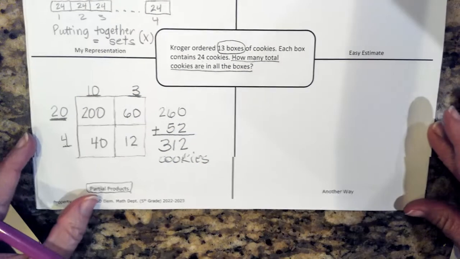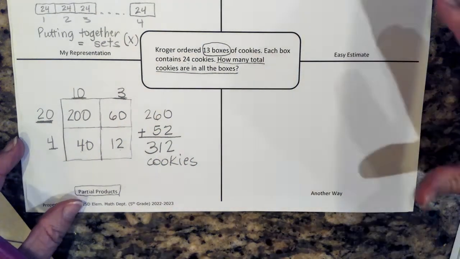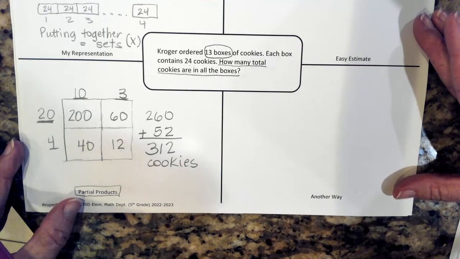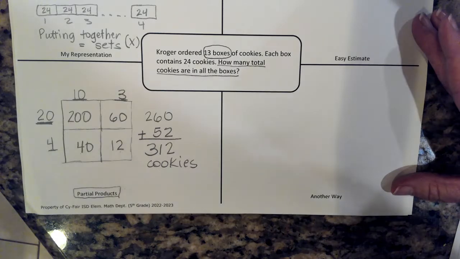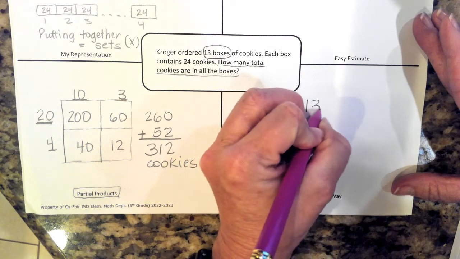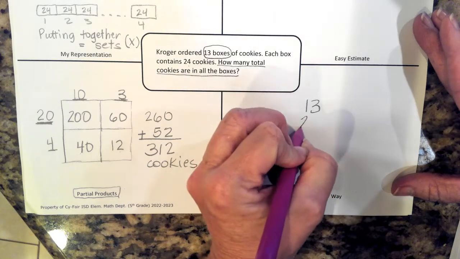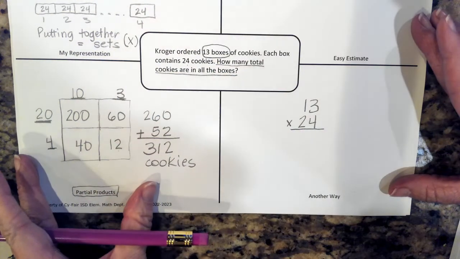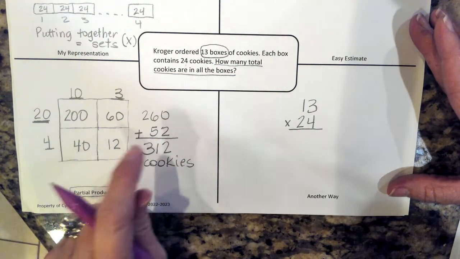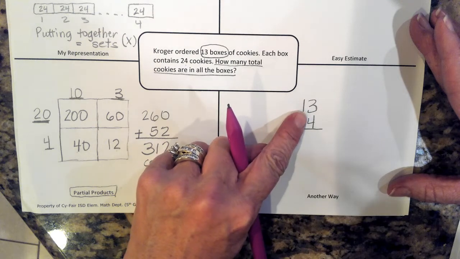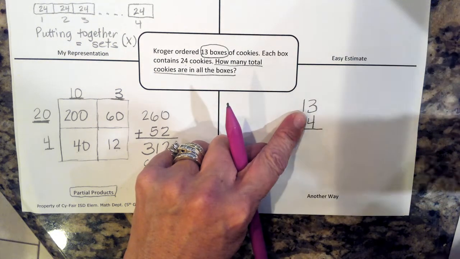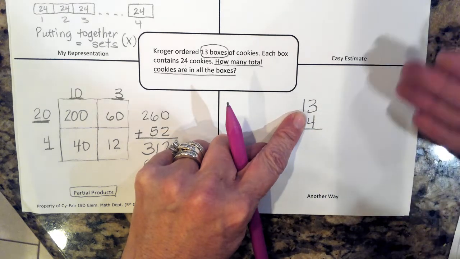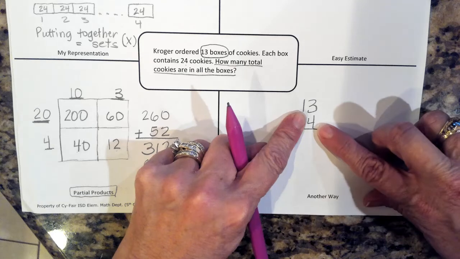Now the last piece that I want to look at is the way that we're going to start looking at things in 5th grade. This would be using our standard algorithm for multiplication. So we're simply going to write the number 13, and we're going to put the number 24 underneath. When I think about this, I always like to think first about multiplying the number 13 by the number 4, and how this is easy multiplication.